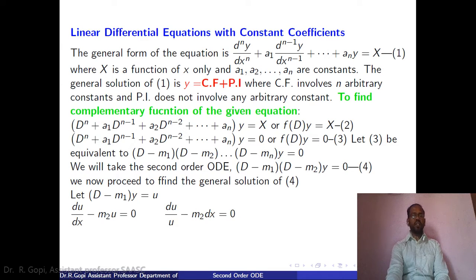Integrating on both sides, log u equals m2 x plus c. Removing the logarithm, u equals c e^(m2 x). Then we substitute this value in (D minus m1) y equal to u.